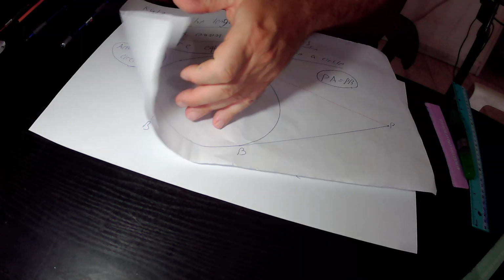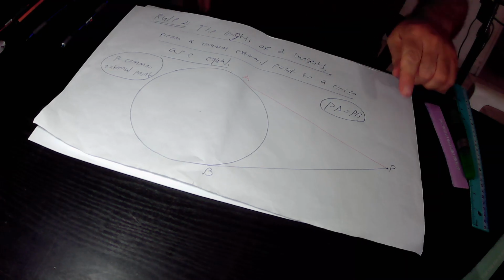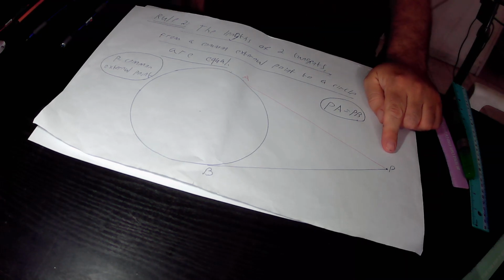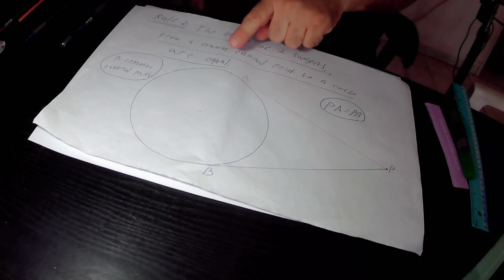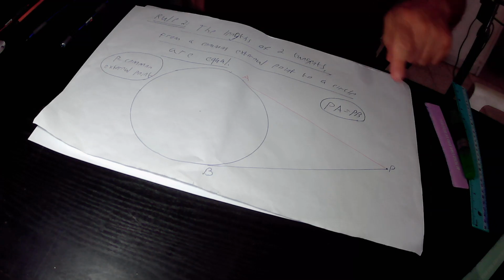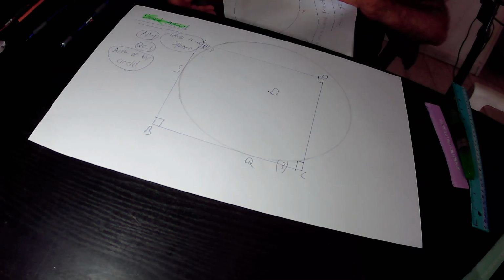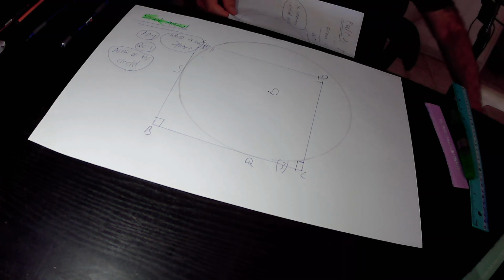According to rule 2, the lengths of two tangents from a common extreme point to a circle are equal. So in this circle, this is the common extreme point, point P. From point P, we have two tangents to the circle, tangent PA and tangent PB. According to rule 2, they are equal to each other. That is to say, PA equals PB. So we can implement rule 2 in our drawing.